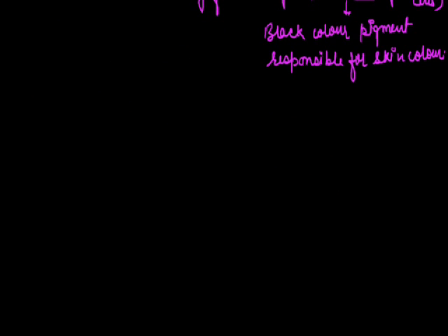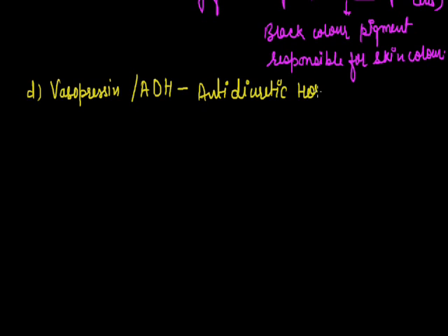Next, a very important hormone released by the pituitary is vasopressin or ADH, antidiuretic hormone. It's responsible for water reabsorption during urine formation.